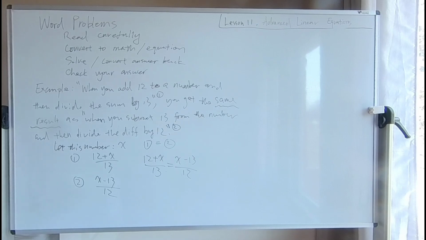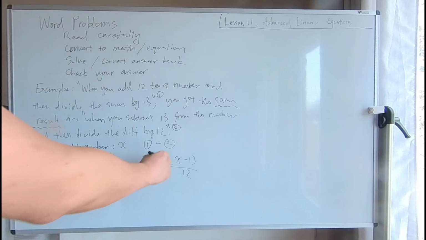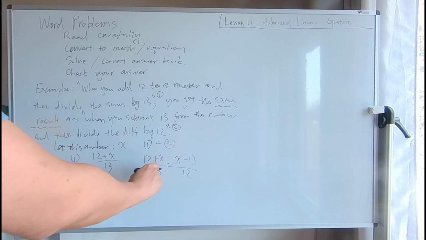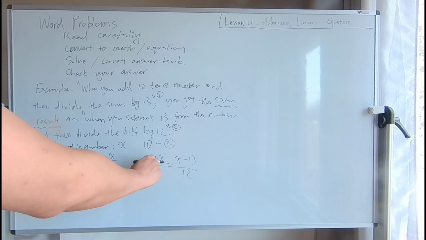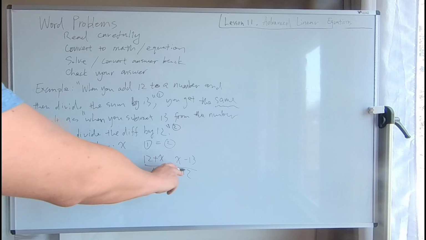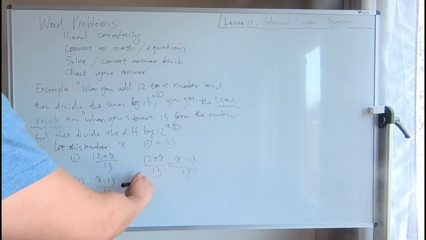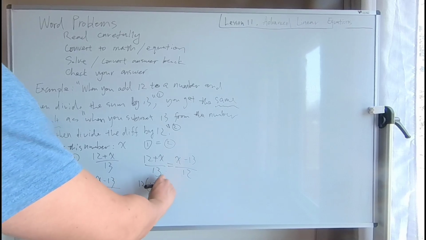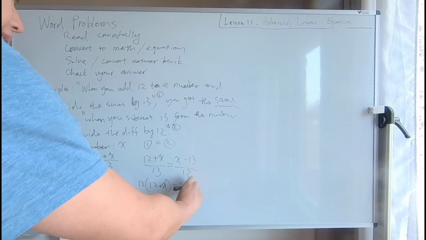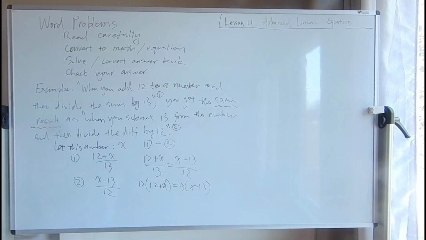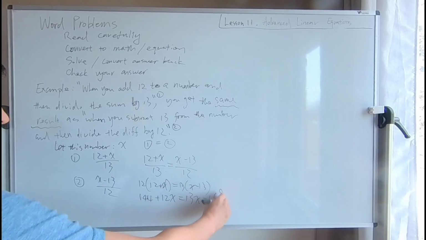So I already converted this into a mathematical equation. Now I just need to solve it. I'm going to do this a bit quicker. We saw this example before: there are two single fractions on both sides of the equation, so you can just cross multiply. So I got 12 times (12 plus x) is 13 times (x minus 13). I have 144 plus 12x is 13x minus 169.